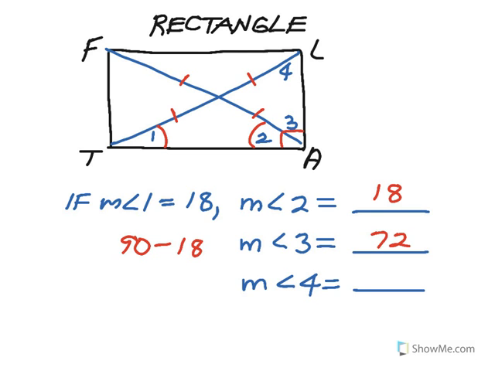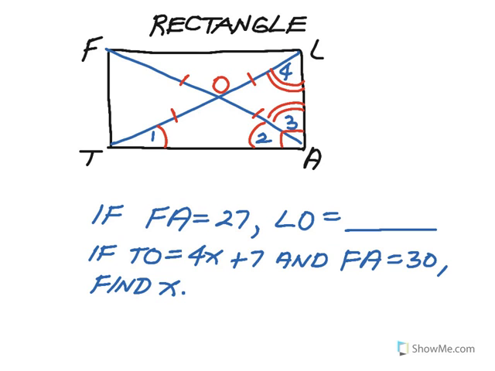And then angle 4 is going to be the same measure as angle 3, because that little triangle, let's make this intersection point O, the triangle LOA is also isosceles, so angle 3 and angle 4 are the same measure, or 72 degrees.